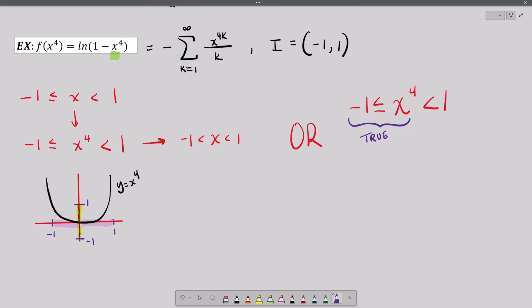We all agree? So that's going to be true no matter what. So the solution to this inequality is equivalent to the solution of that inequality. So this inequality and this inequality are going to have the same solutions because this side's always true. This doesn't add any extra x's.